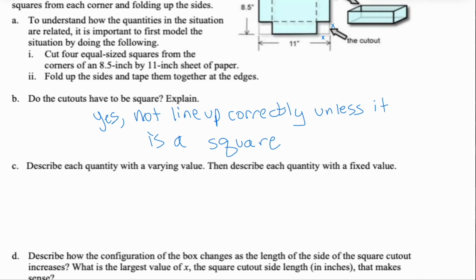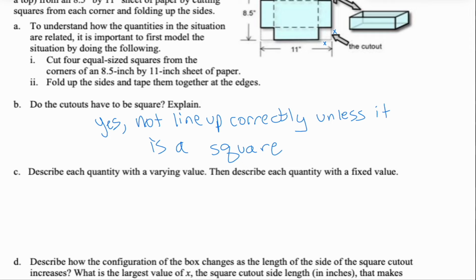Describe each quantity with a varying value. Then describe each quantity with a fixed value. So the size square that you cut out and the size square that your neighbor cut out could be different. So we're going to let X be the side length of the square, and that would be varying.